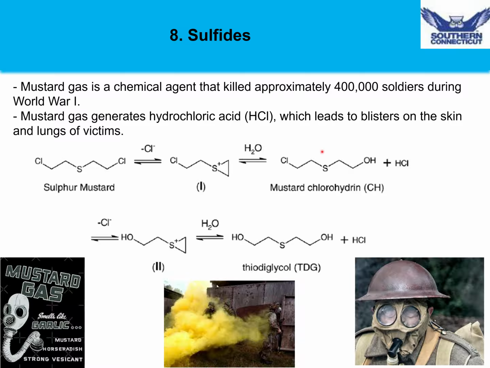The reaction can be repeated again, where the sulfur attacks the other carbon with the chlorine leaving group, forming a sulfonium salt. Water once again attacks the sulfonium salt and forms a final product for the mustard gas, as well as a second molecule of HCl.